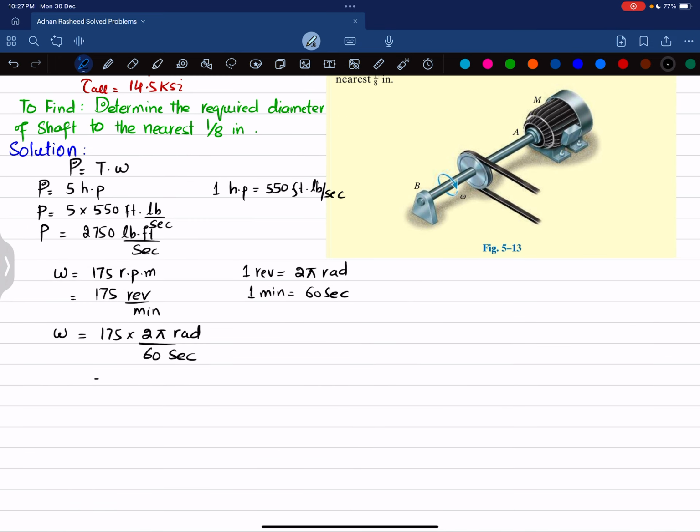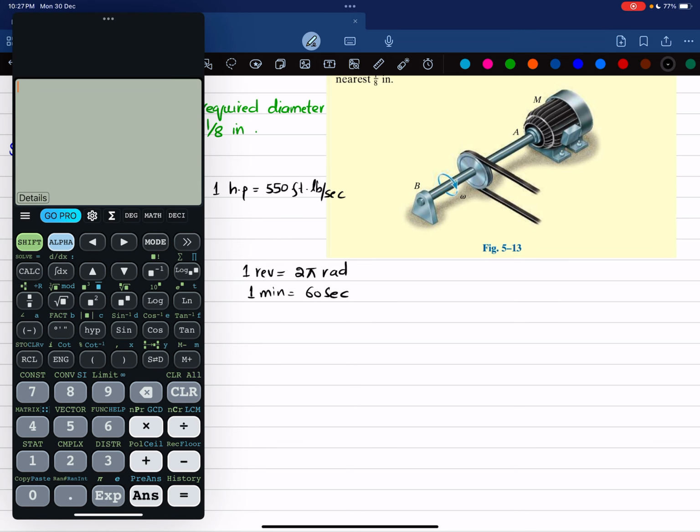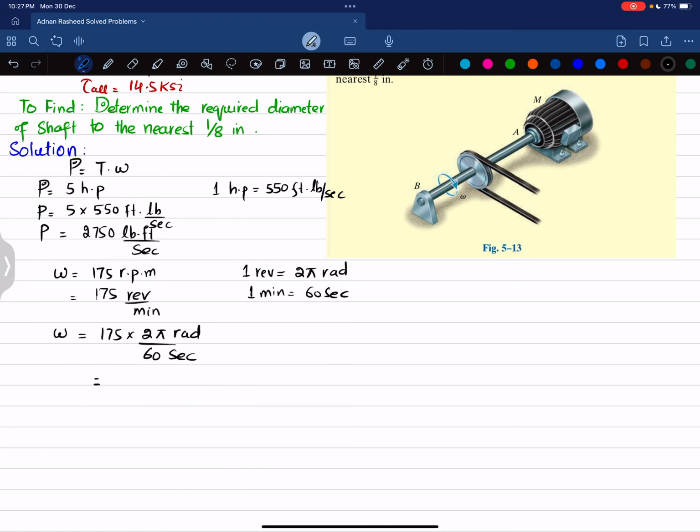We just multiply 175 multiplied by 2 multiplied by 3.1417 divided by 60, which will give you 18.326, which is 18.33 radians per second.